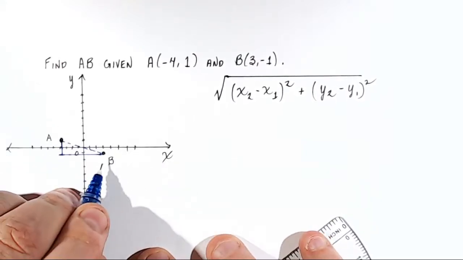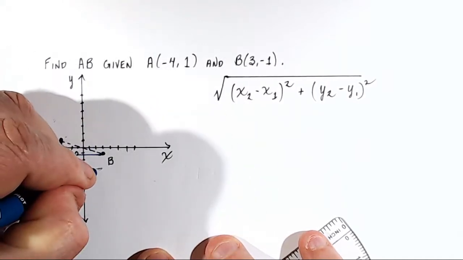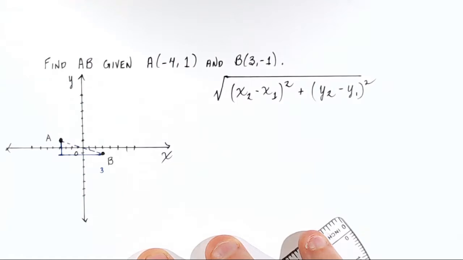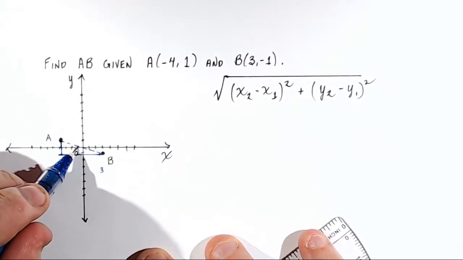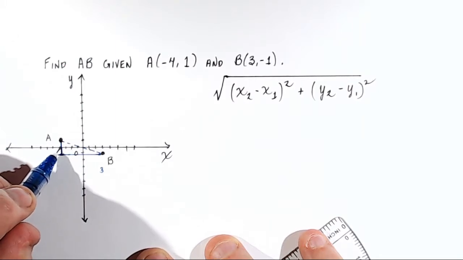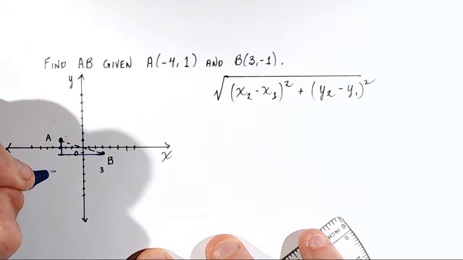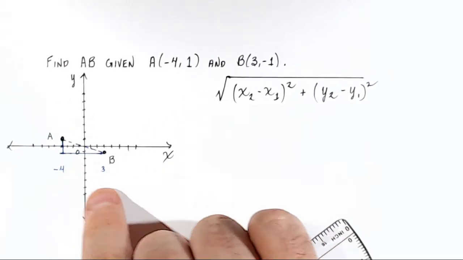What is the x value at B? The x value at B is 3. So this is 3. The x value at A is -1, -2, -3, -4. So this is negative 4. Those are the x values.